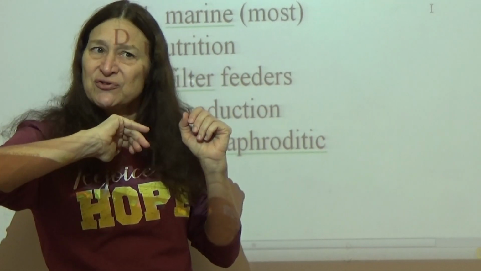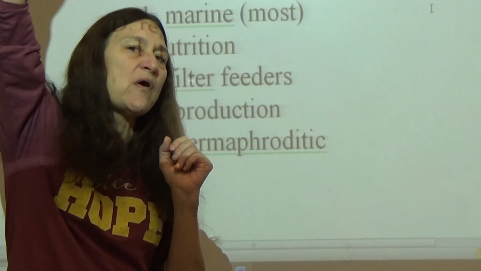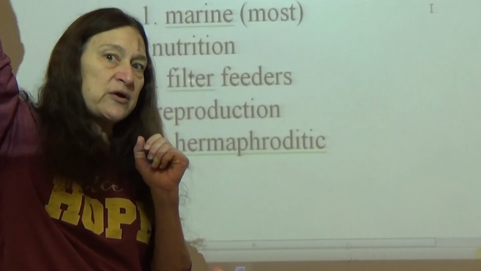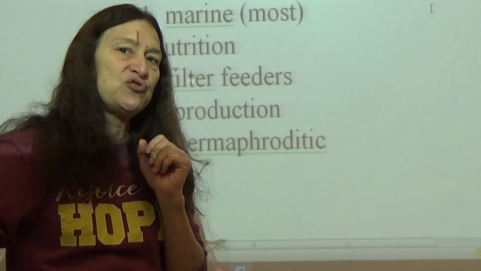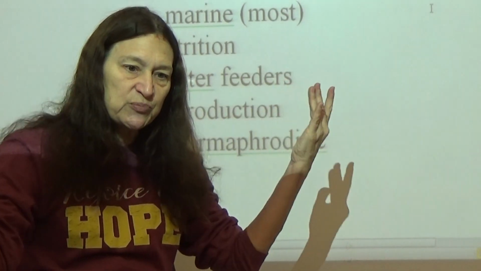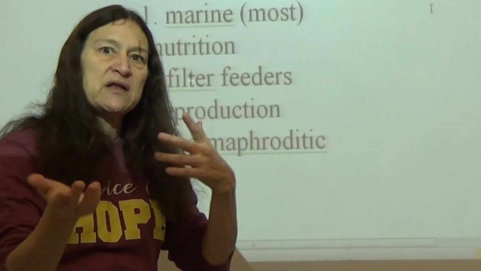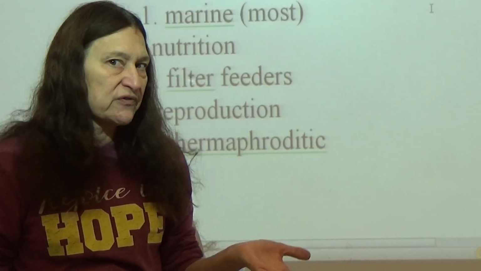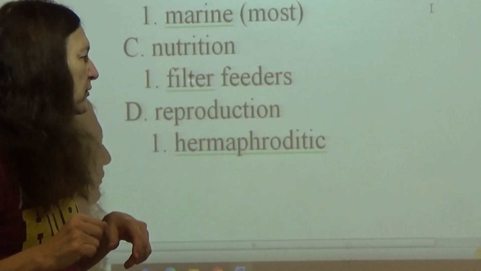And my understanding is that the sperm are what move on. They go out with the water, out the osculum, and hopefully another sponge will draw that water with the sperm in it into the pores, and then it'll fertilize the eggs of a different sponge. It's my understanding.